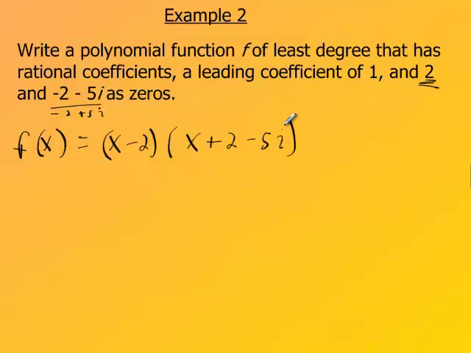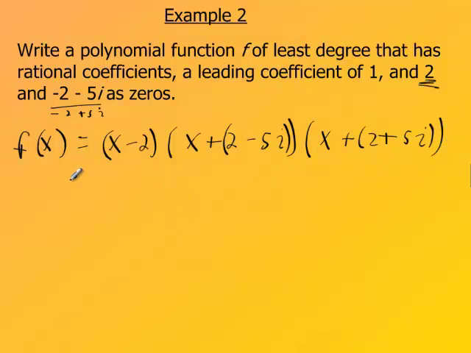And so this is going to be 1, and I'm going to put separate parentheses kind of isolating this complex number. And since 2 minus 5i is going to be a zero, then I know that x plus 2 plus 5i must be a factor as well.